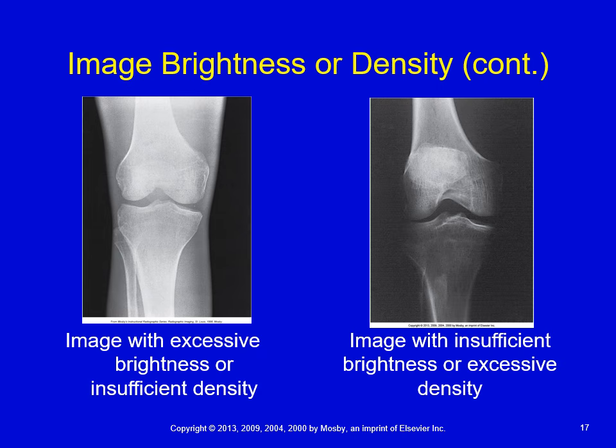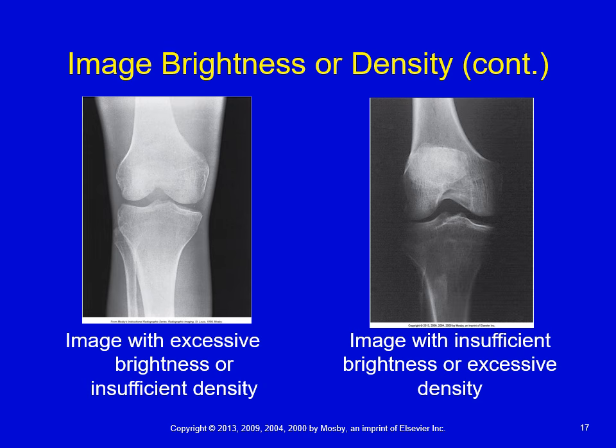If we were required to describe that in terms of density, which is overall blackness on the image, or brightness, this is how I would describe it. This image is non-diagnostic. I would say that it doesn't have enough darkness or density, so insufficient density. And also it has excessive brightness. So it is too light or too bright.